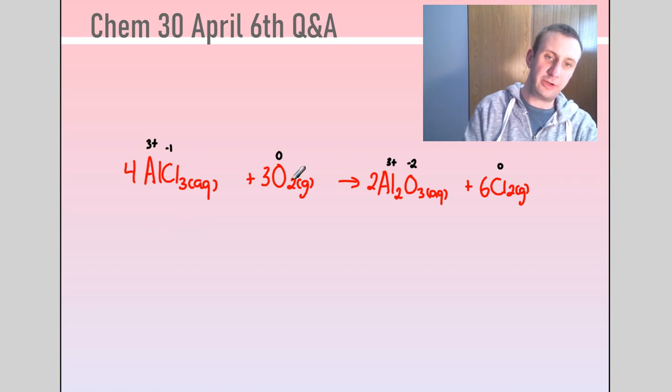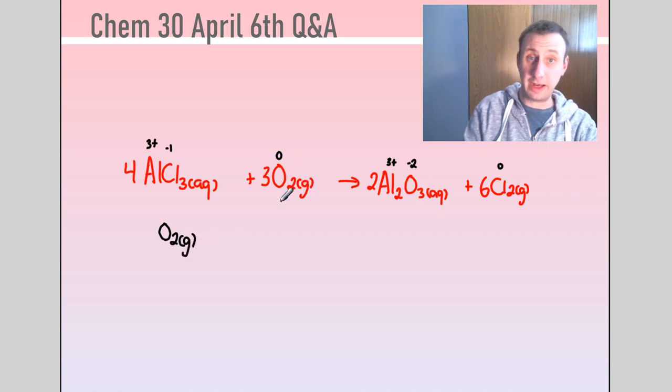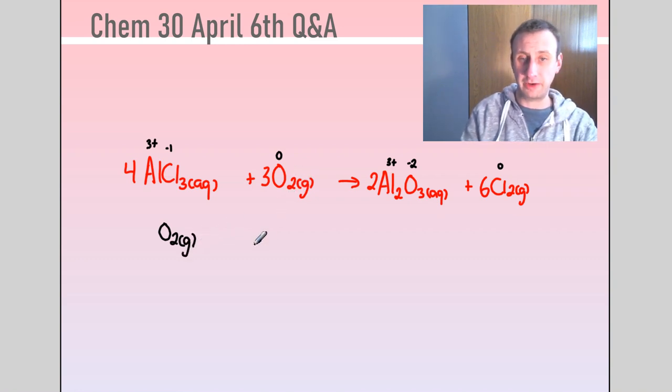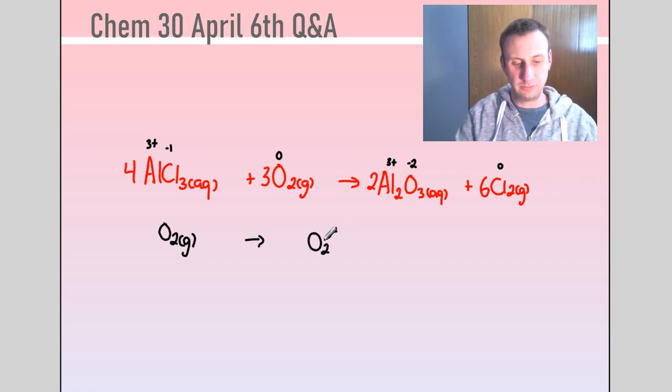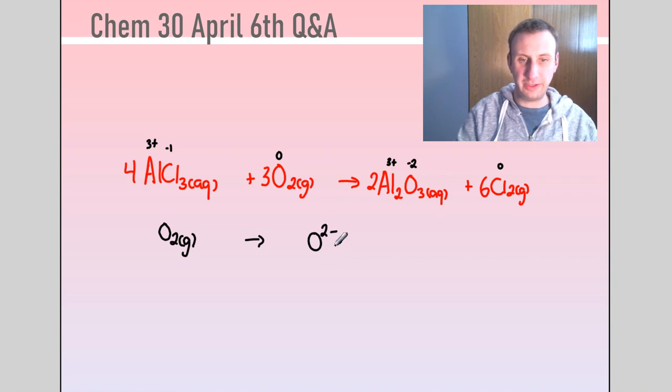So now I'm going to carry this 2 into my half reactions. And the reason why I'm doing that is because it's an element, right? So that actually is what a molecule of oxygen is. But when I go to the oxygen, the oxide over here, that's going to be just O2 minus aqueous. Oh, put the 2 in the wrong place.